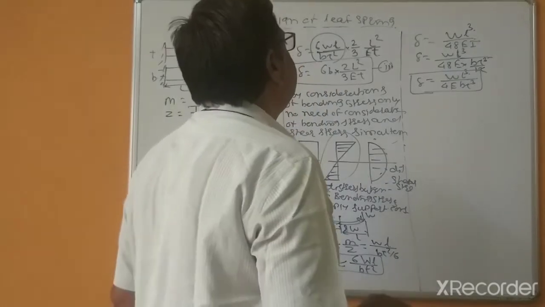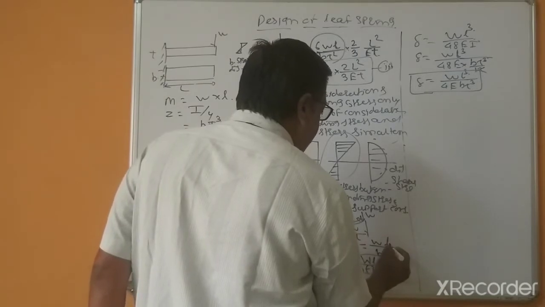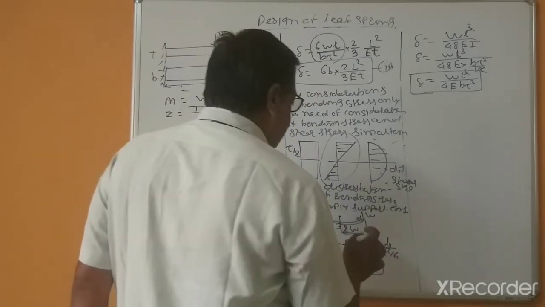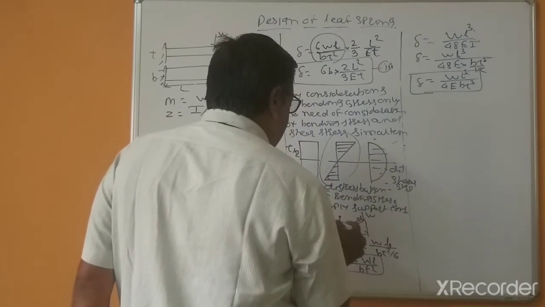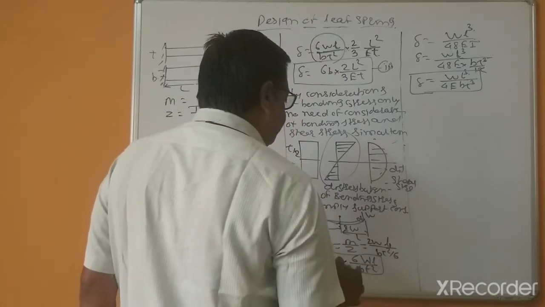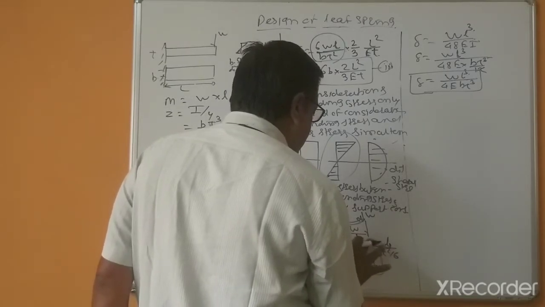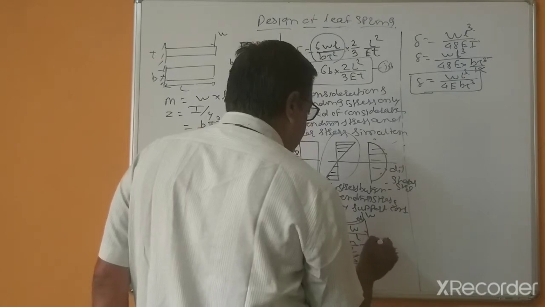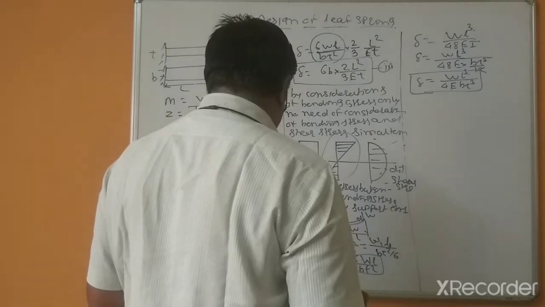But this is simply supported, this is actually L1, and this is W equal to, so actually this is 2W, or this is W1, or WL.